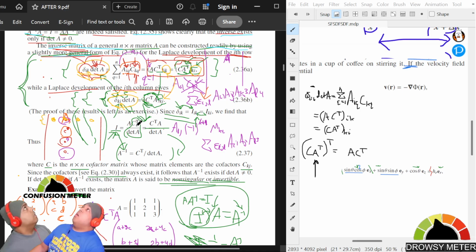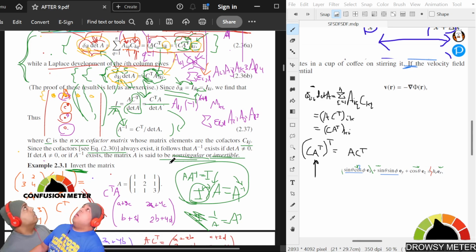The identity equals this. A inverse equals the cofactor matrix transposed divided by the determinant of A, where C is the cofactor matrix whose matrix elements are the cofactors C_ik. Since the cofactors always exist, it follows that the inverse matrix exists if the determinant is not equal to 0.